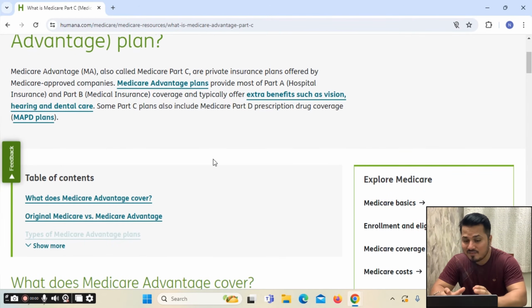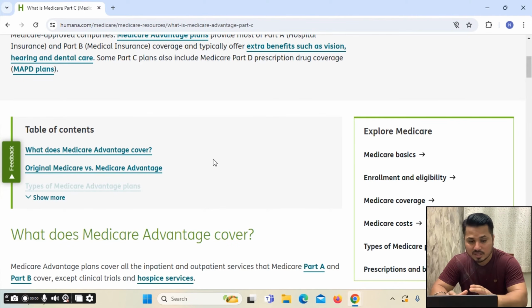Medicare Advantage plans provide most of Part A hospital insurance and Part B medical insurance coverage, and typically offer extra benefits such as vision, hearing, and dental care. Some Part C plans also include Medicare Part D prescription drug coverage, guys.